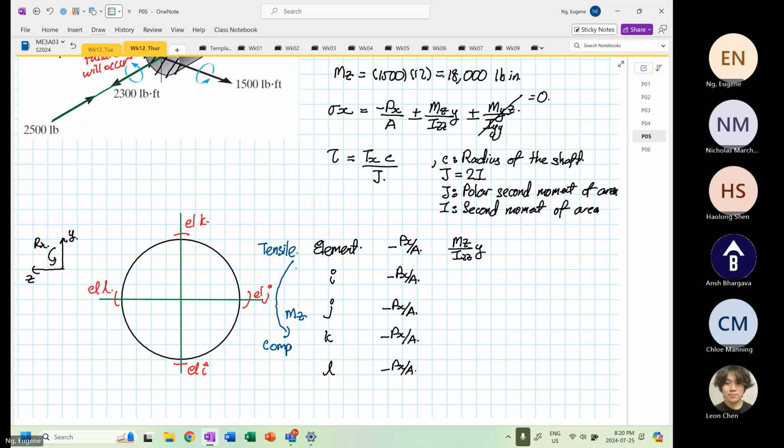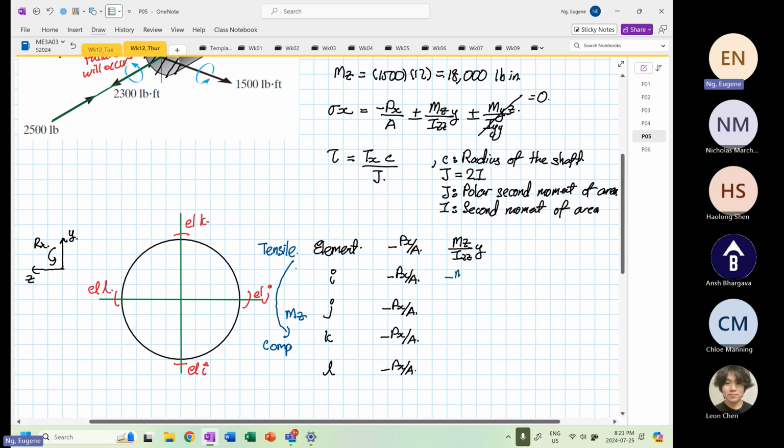Okay. So from here, we look at this formula now. We know element I is in compression, so this is minus Mz over Izz multiplied by y.